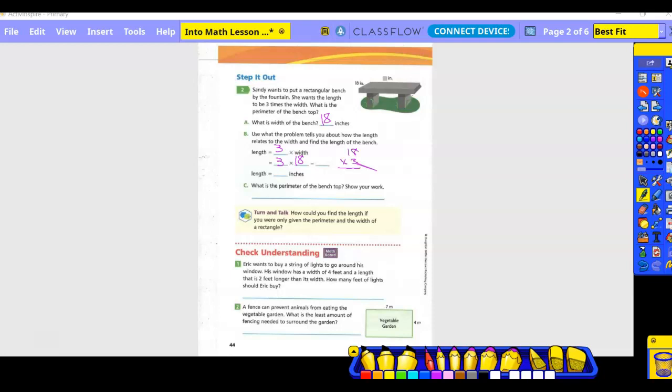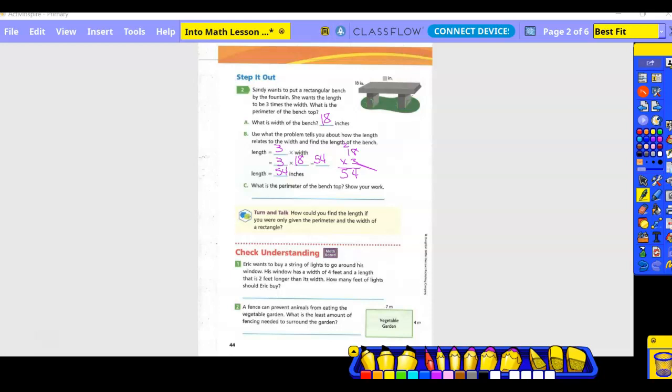What is 18 times 3? 3 times 8 is 24. Put a 4, carry my 2. 3 times 1 is 3, plus 2 is 5. So 54. So my length would be 54 inches.